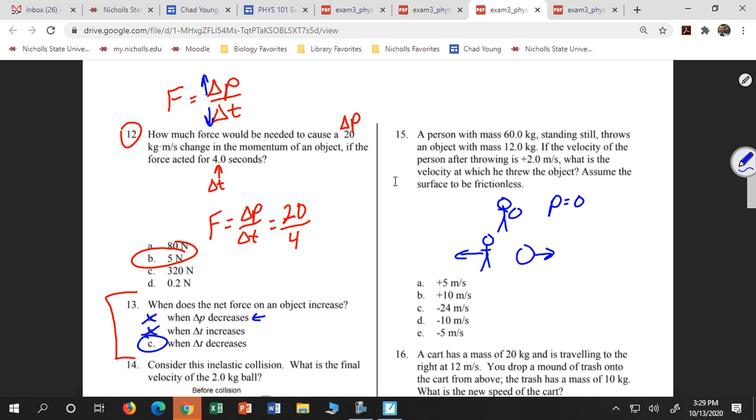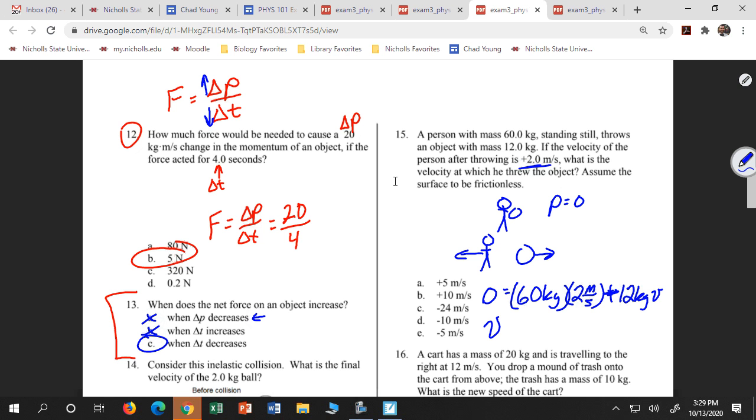Mathematically, how that would look would be 0, that's the initial momentum, is equal to the person who has a mass of 60 kilograms, and we're told the person has a velocity of 2 meters per second, plus the mass of the object, which is 12 kilograms, times its velocity.